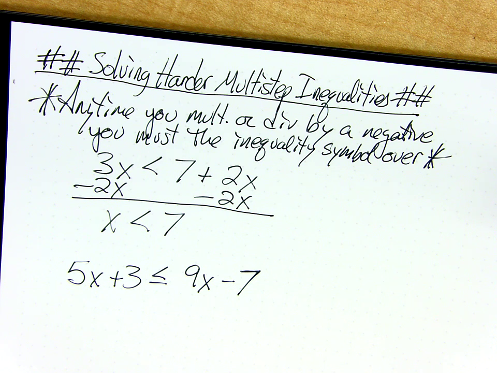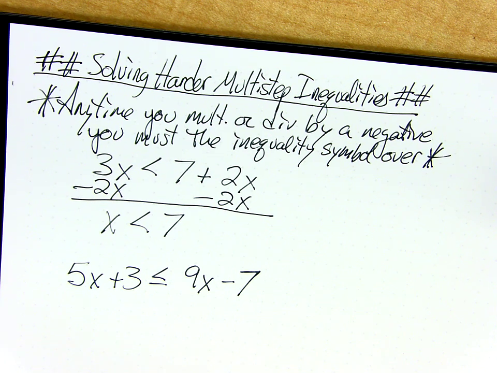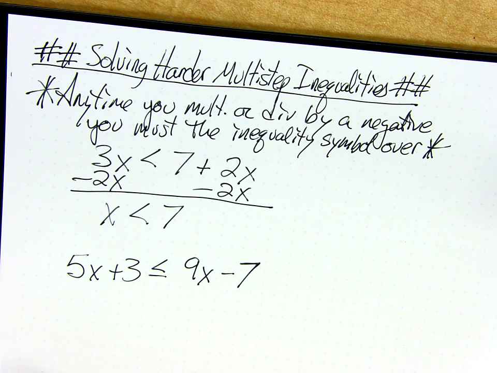So, you actually have 2 choices for what you do first. What are you guys thinking to do? Yeah, I'd probably subtract the 5x first too, but you didn't have to. You could have subtracted 9x from both sides first if you felt like it. You could have subtracted 3 from both sides if you felt like it, or added 7 to both sides.